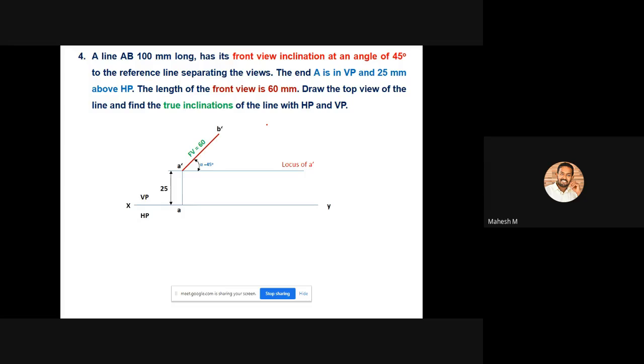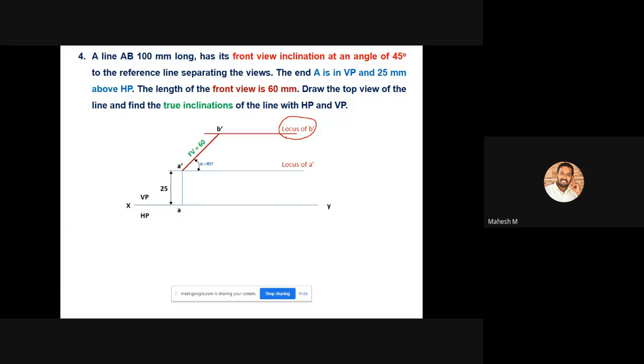So now we can create the locus of B dash. So we can create a horizontal line, and this horizontal line should be marked as locus of B dash.